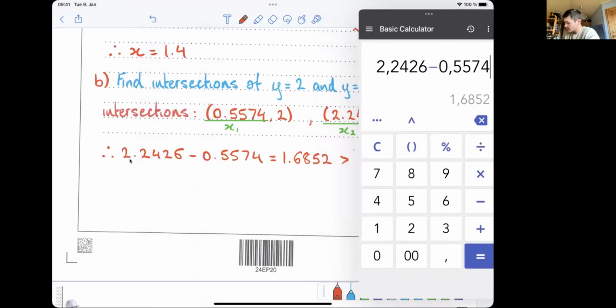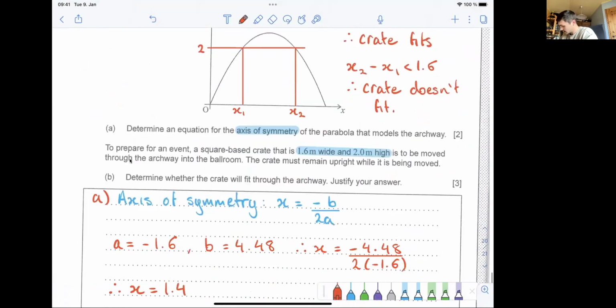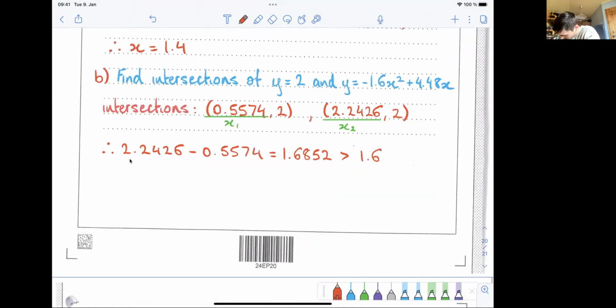So that is greater than 1.6 meters, therefore we conclude the crate will fit. And that is the answer to part B.